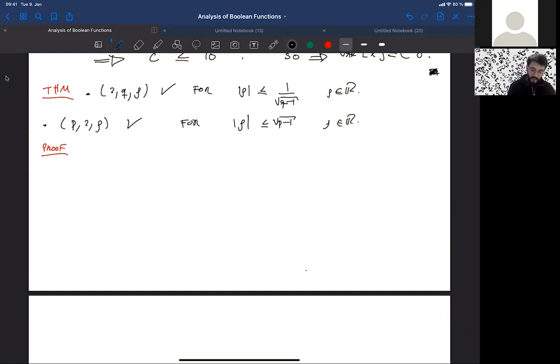So first of all, by all the previous observations, I only need to show for n equals 1, and I only need to show this result, because the other one is implied by this. And I can assume that rho is exactly root of p minus 1. Because I also made an observation, if I prove for this guy, then I prove for minus this guy. And if I prove for any, then I can prove for any guy with modulus less than, so that's the only case I have to do.